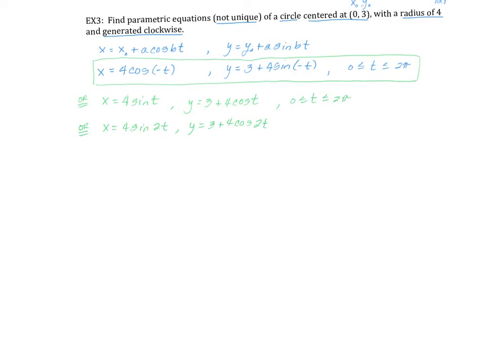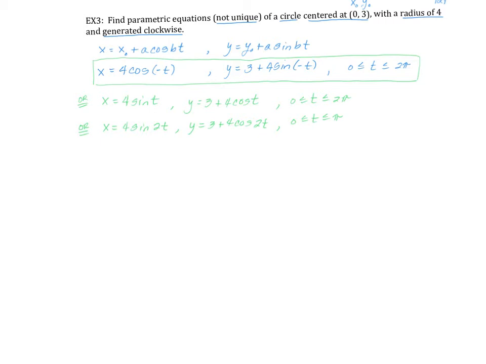So if I were to take my original interval from 0 to 2 pi and divide it by 2, I'll get a complete circle for t values from 0 to pi. You can verify that if you put these equations into your graphing utility, it all generates the exact same circle.